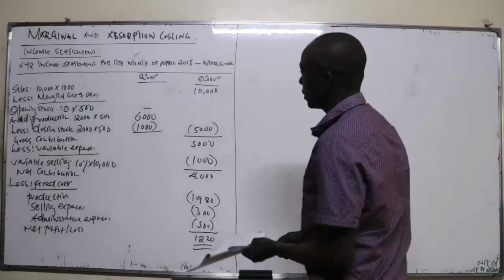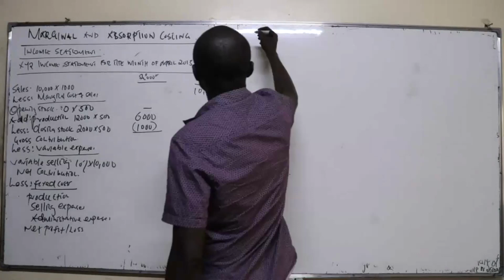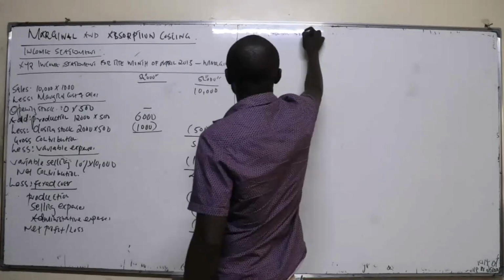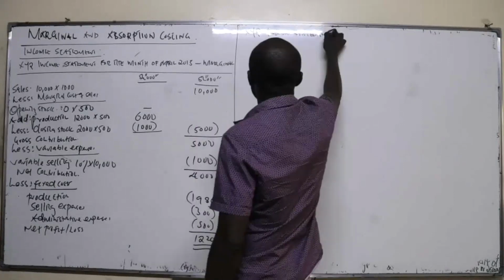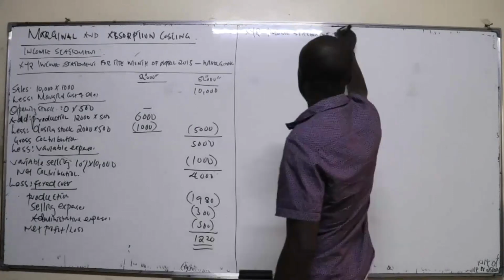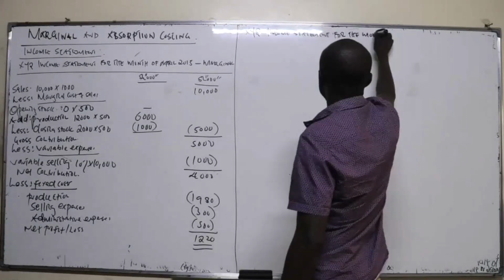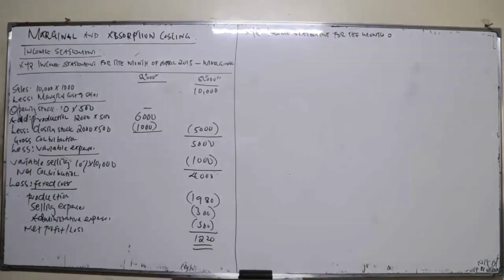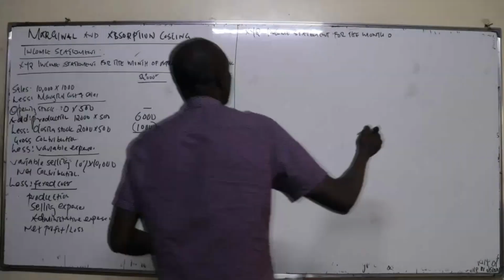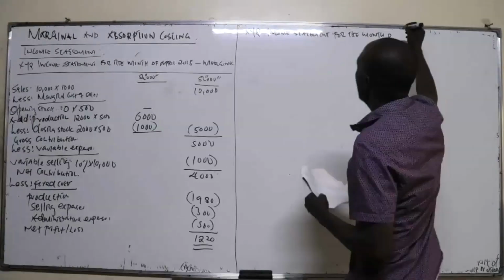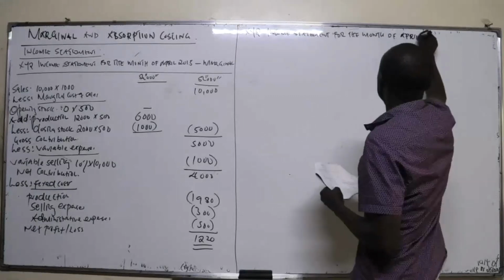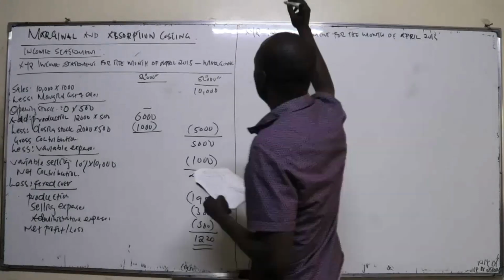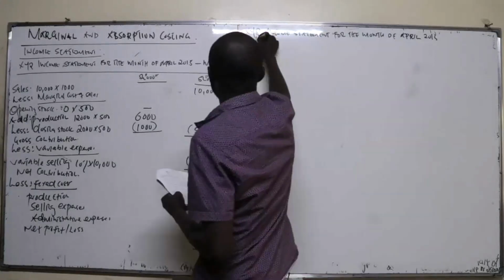So we write here XYZ income statement for the month of April 2015, that is absorption costing.